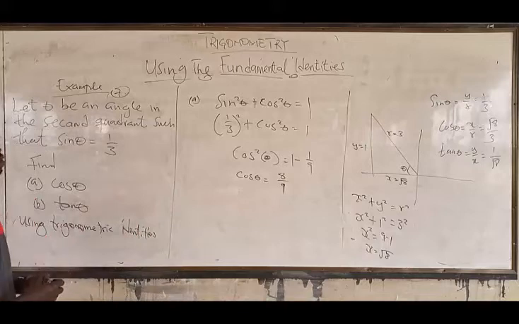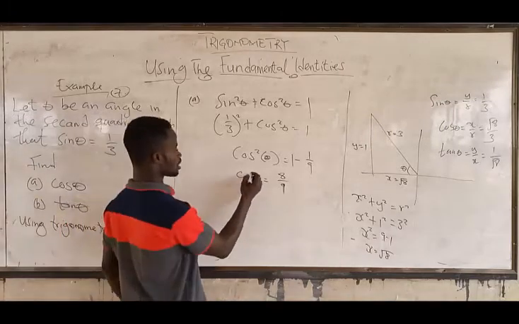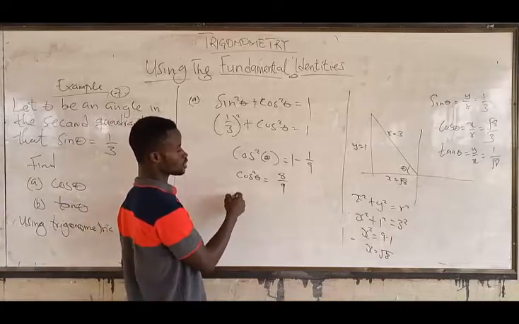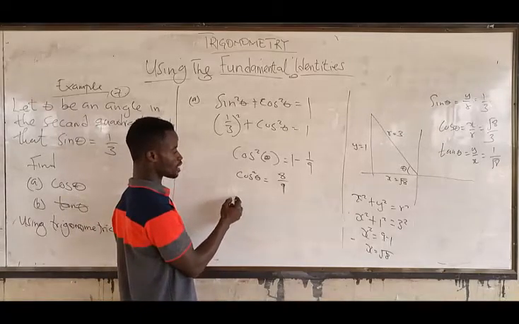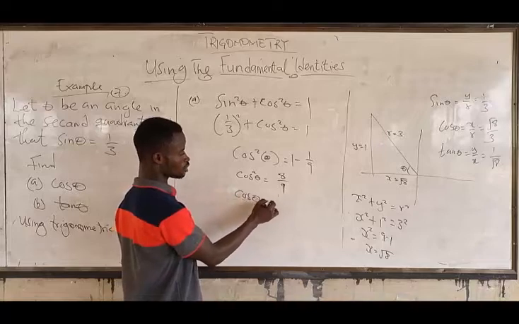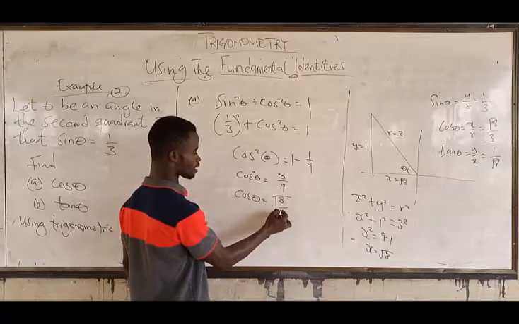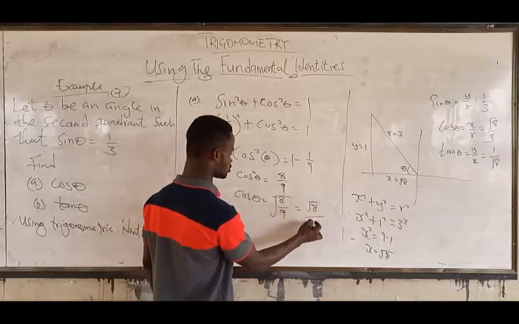So that will be for cos squared theta. For you to get cos, you take the square root of both sides. So cos theta will be equal to square root of 8 over 9, and that is square root of 8 over 3.